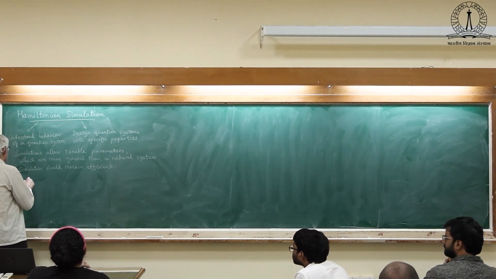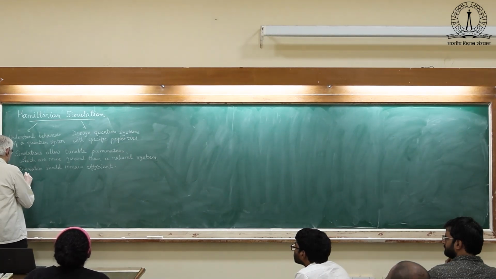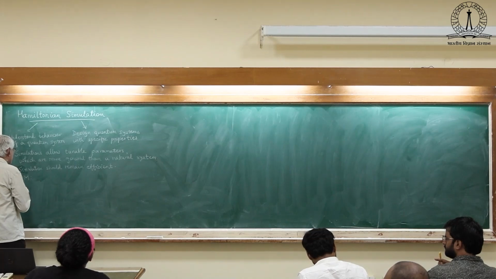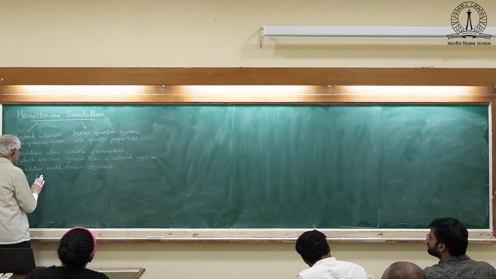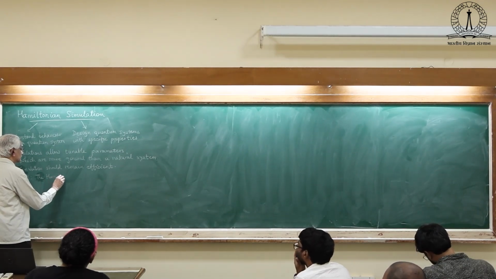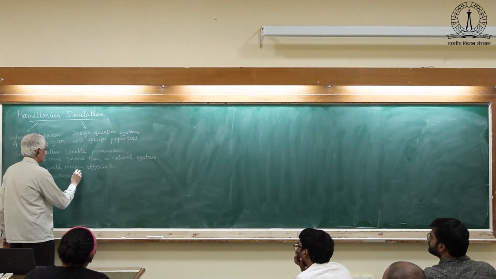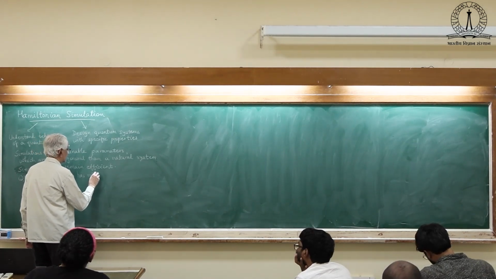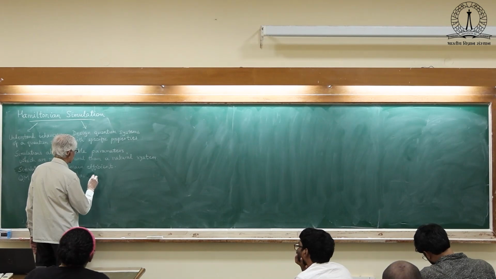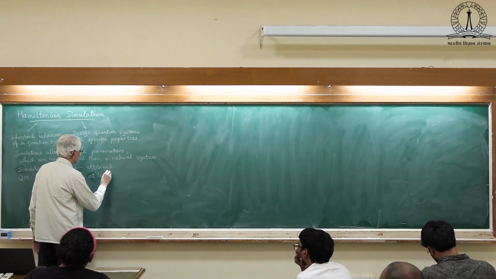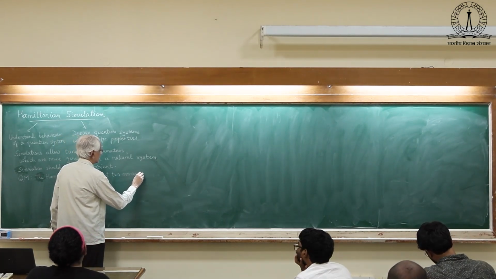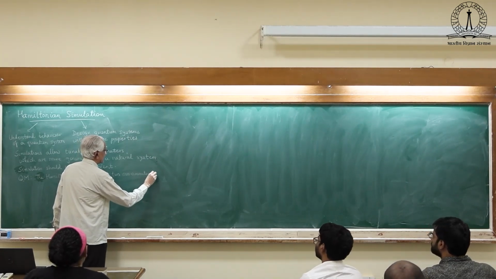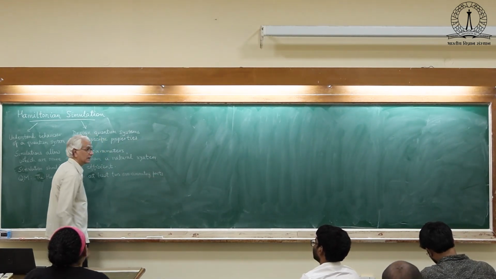And what is the characteristic phenomenon which appears in the quantum Hamiltonian, that the Hamiltonian has not only, at least two non-commuting parts.